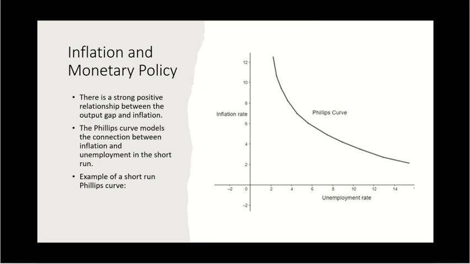It has inflation on the y-axis, unemployment on the x-axis, and a downward sloping Phillips curve. That's just to show, again, the inverse relationship between the two of them. So if inflation increases, unemployment decreases. Like if inflation's 6, unemployment's 6, then it decreases. Inflation goes up to 8, unemployment goes down to 4.